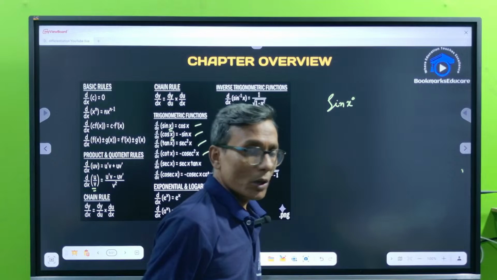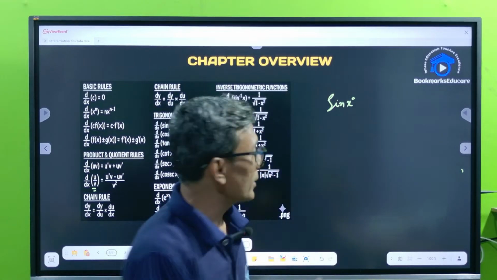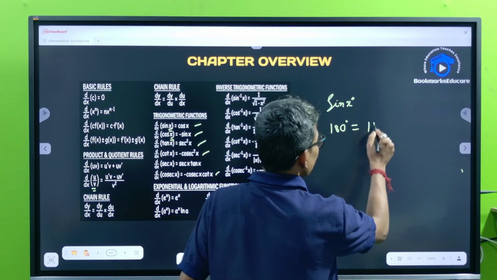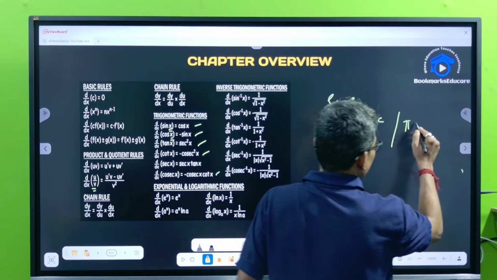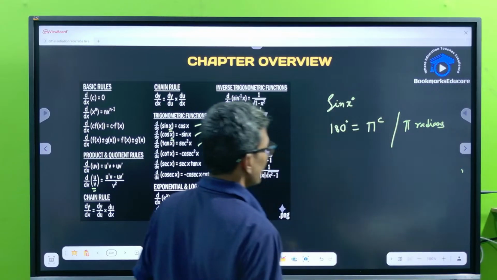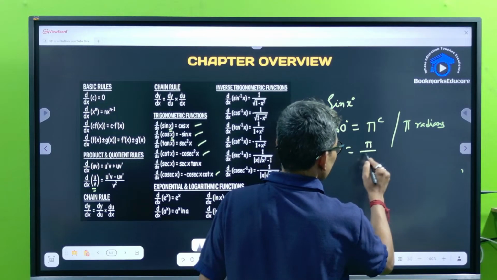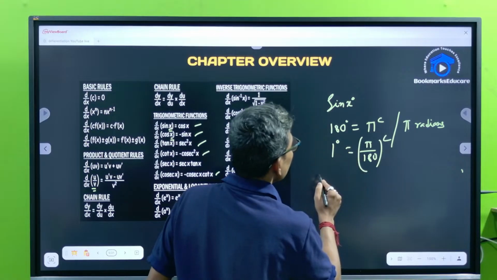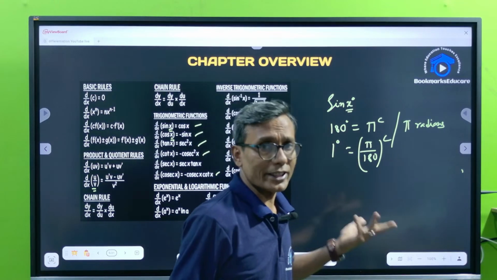The relation between degree and radian is 180 degree is equal to pi radians. So 1 degree is equal to pi by 180 radian, and whatever the angle may be, x degree or y degree or z degree.